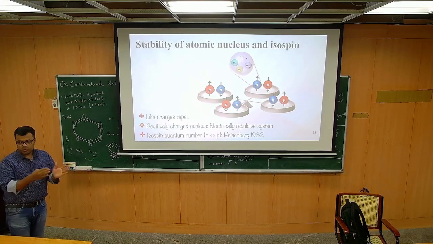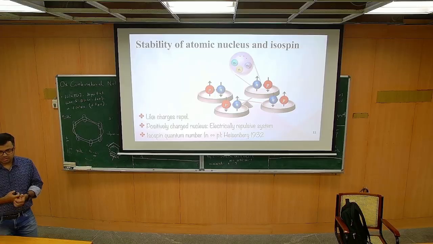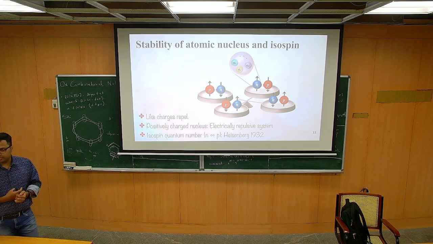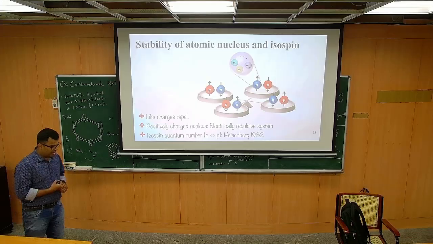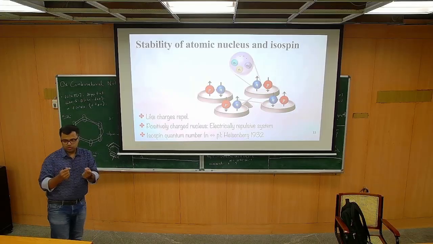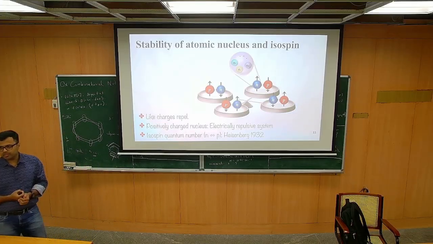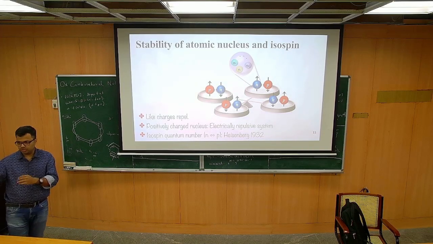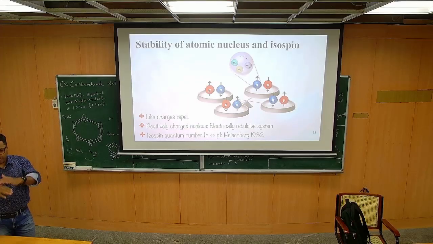And each of these u and d quarks has its own electric charge. If a proton is made of 2 u quarks and a d quark, the main source of interaction is electrodynamics, or quantum electrodynamics, if you want to claim it so. And given that we have 2 u quarks, which have the same charge, they should repel each other, and their repulsion should be compensated by any attraction due to the d quark, which has an opposite charge, to make them stable.